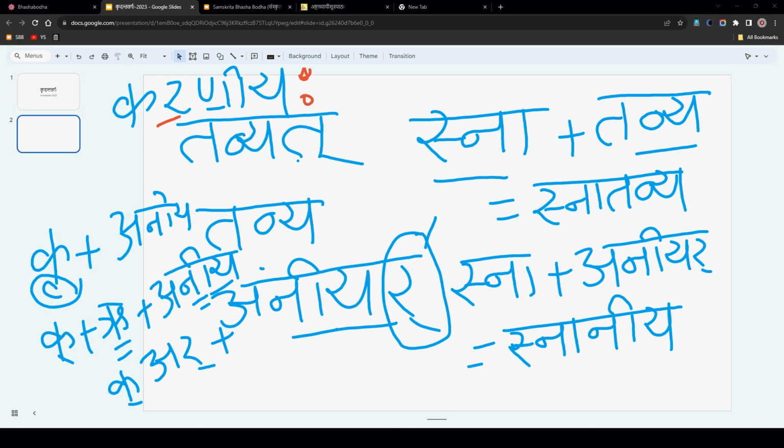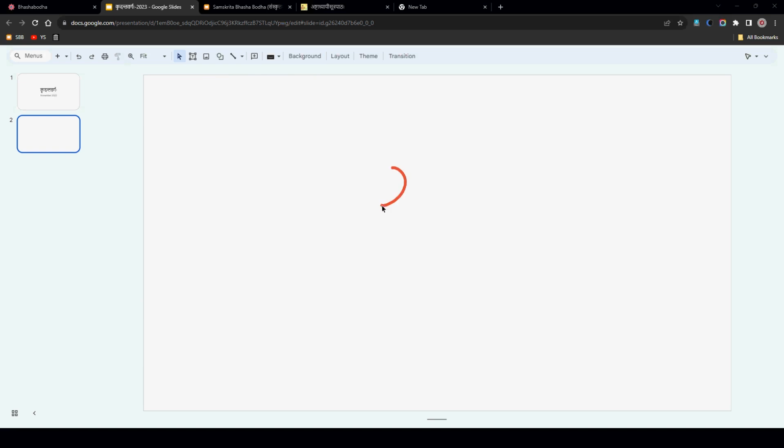So if you take the example of snatavya here, snatavya means something that needs to be bathed. So here snatavya.